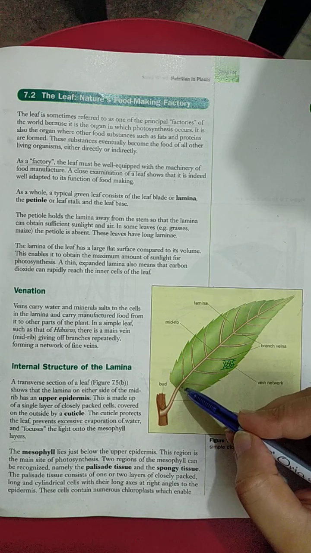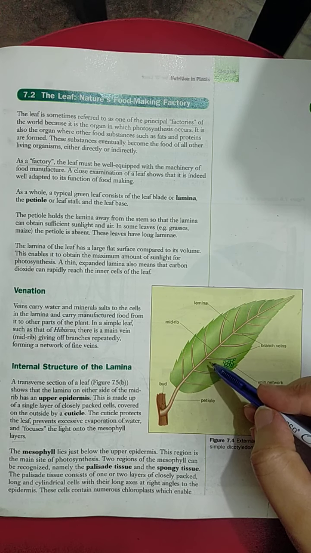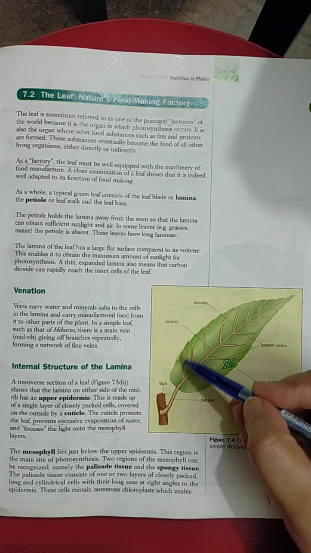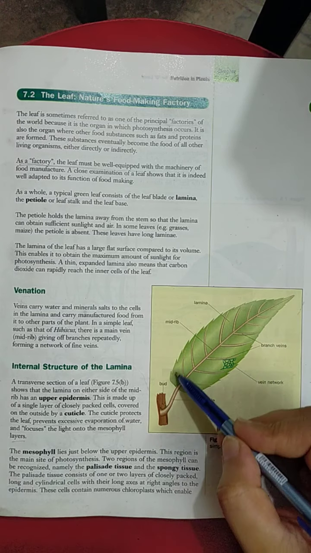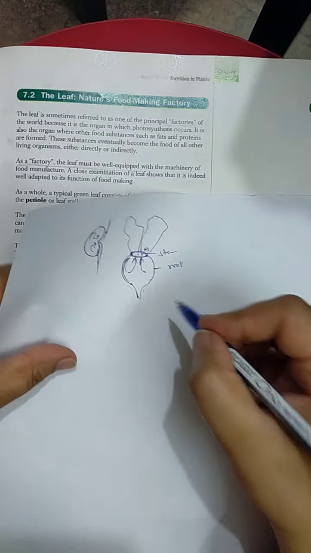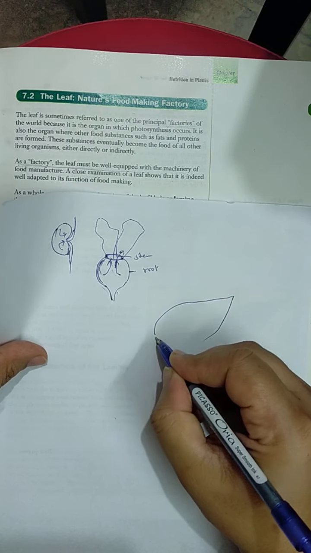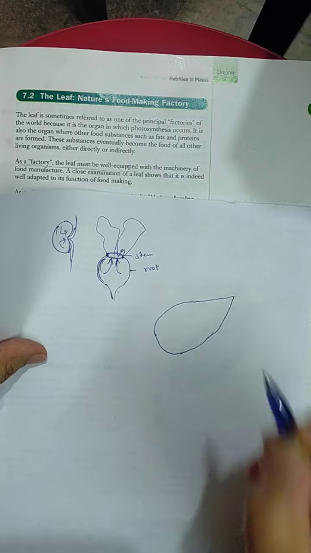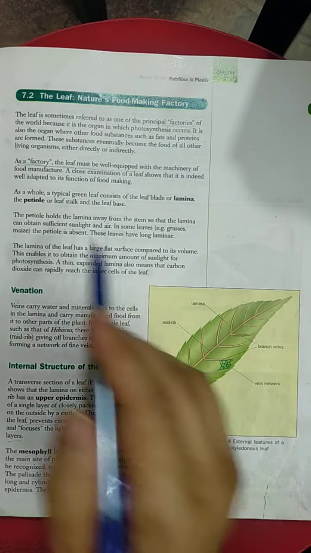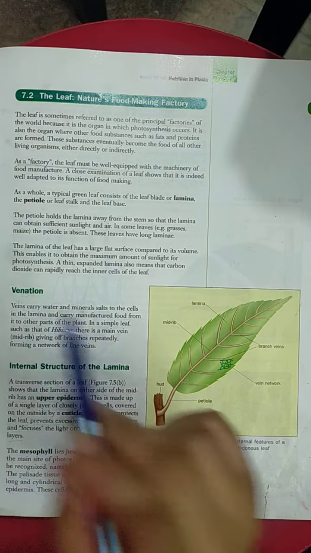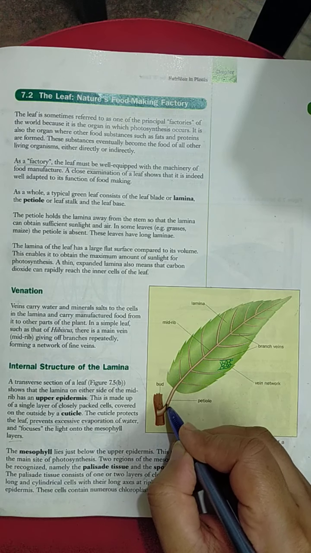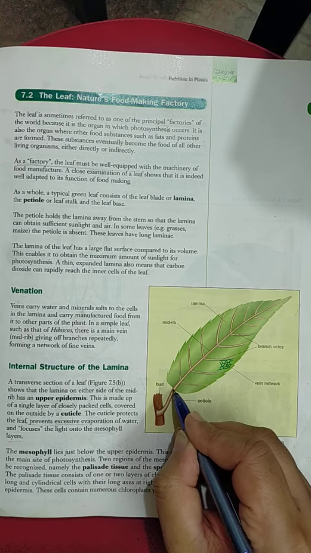Maybe you have read about this as the leaf blade, so we can call it leaf blade or lamina of the leaf. Here I can draw that for you.